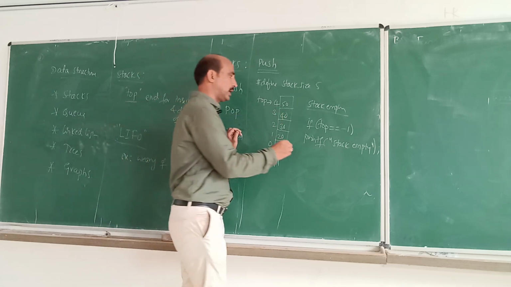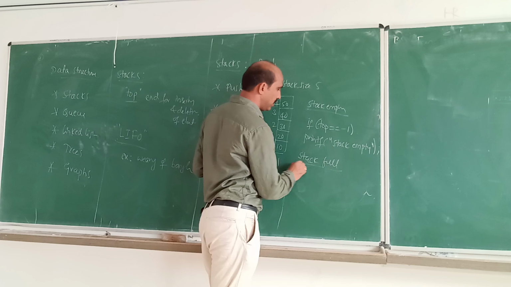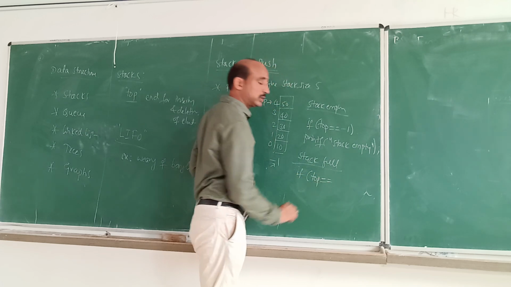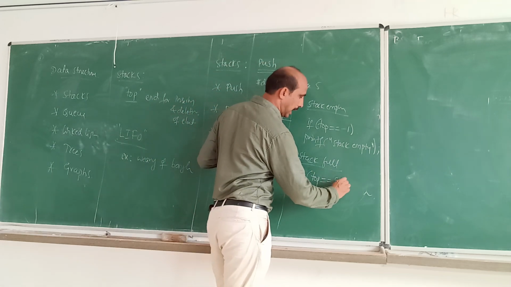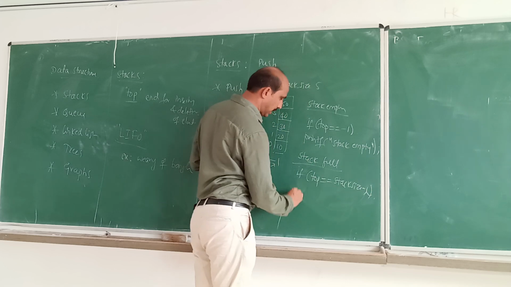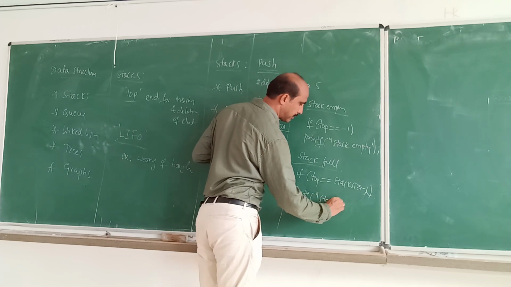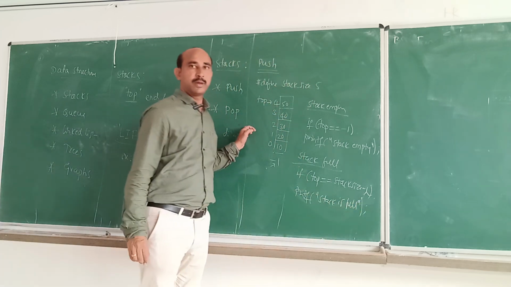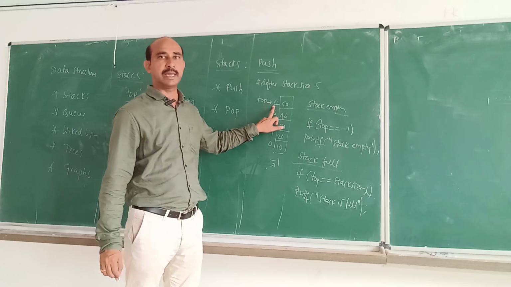Stack full condition: if top is pointing to the last location in the stack, that is, stack size -1, then you can tell that the stack is full. If the top is pointing to the last location, the stack is full.